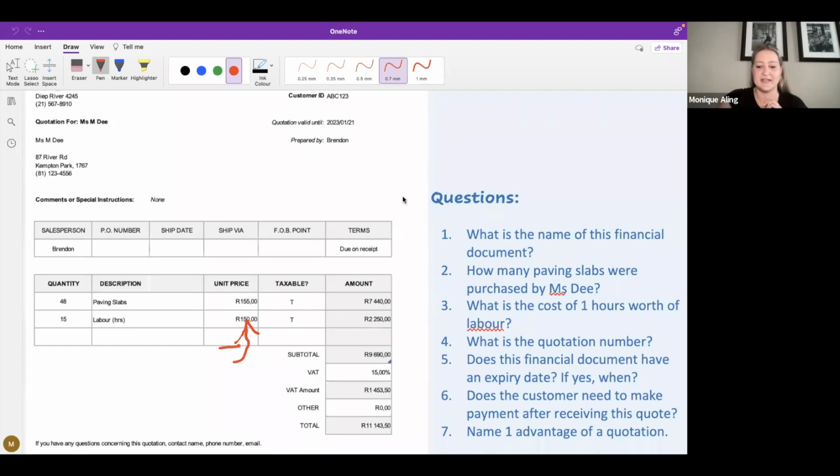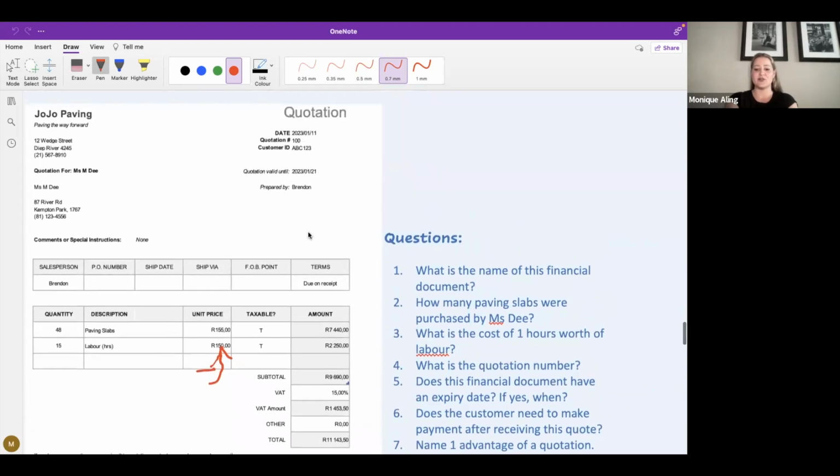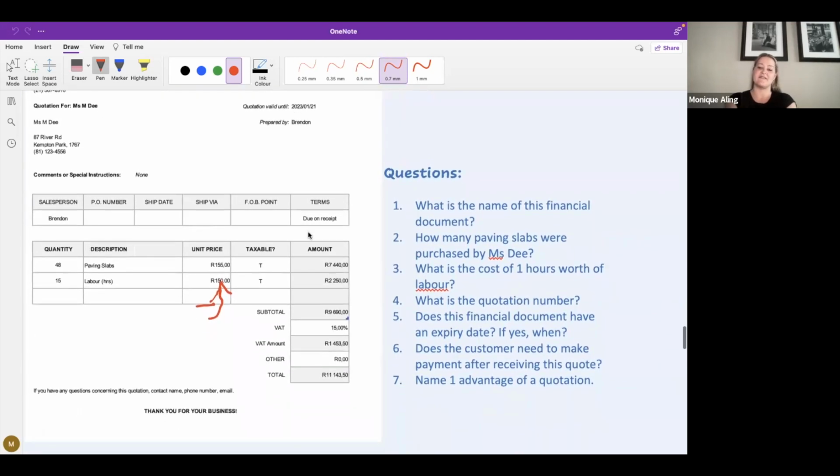Good, well done. Okay. Then question 6, a little bit of a general knowledge question based on the terminology we just did. Does the customer need to make payment after receiving this quote? No, no, no. Okay, good. Well done.